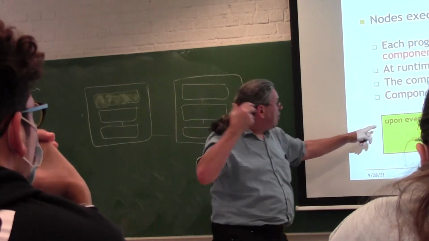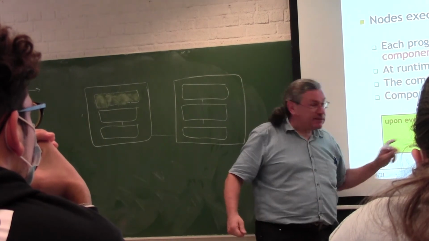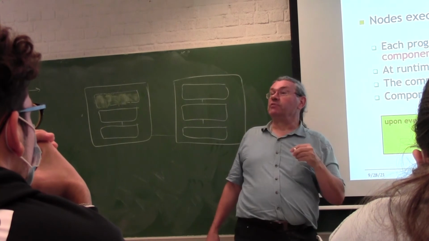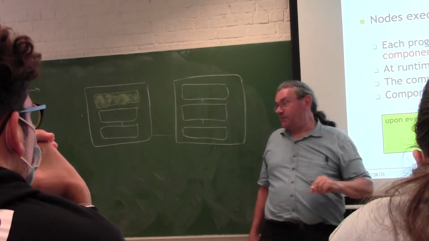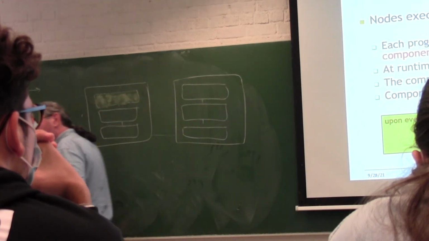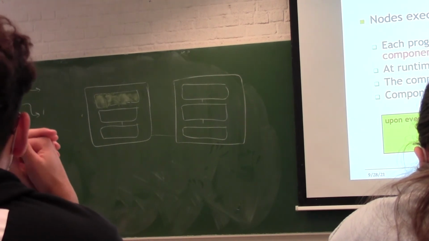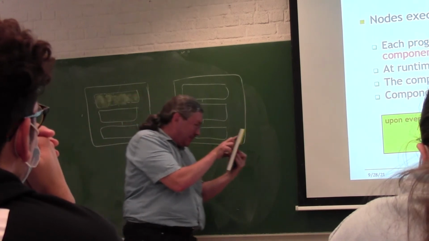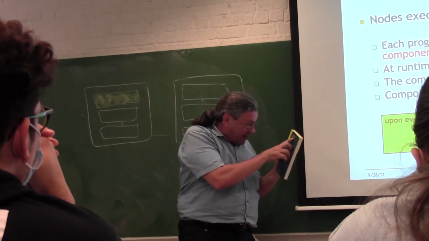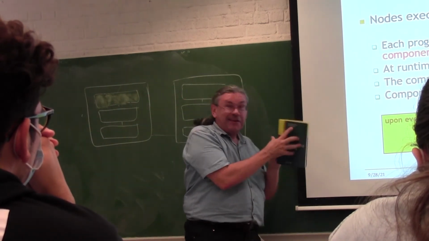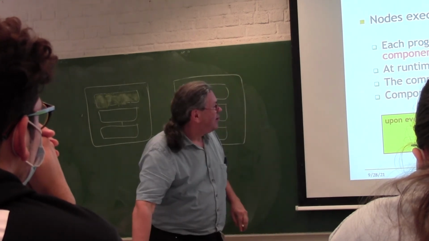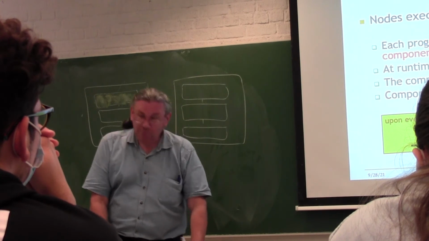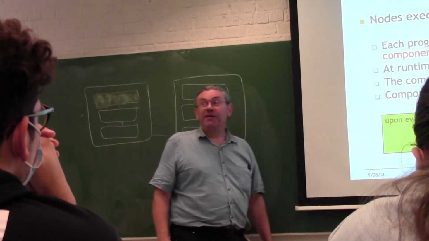The notation I'm going to use is kind of weird. Upon event is basically receive, and trigger is a send. But why did I pick those weird names? It's not my fault. It's the fault of these guys. If you don't like it, send a hate mail to Rashid Guerraoui and Luis Rodrigues. I actually know both of those guys. They're very nice, but maybe they're not the best at picking nice names.